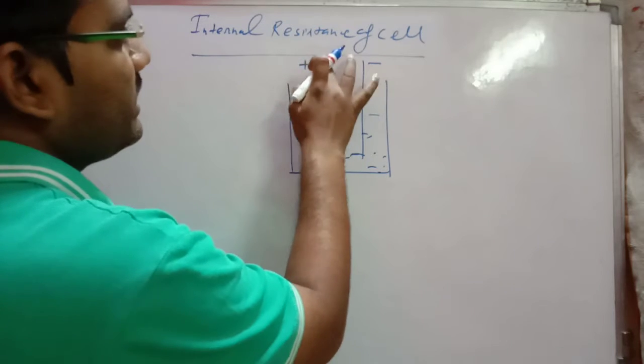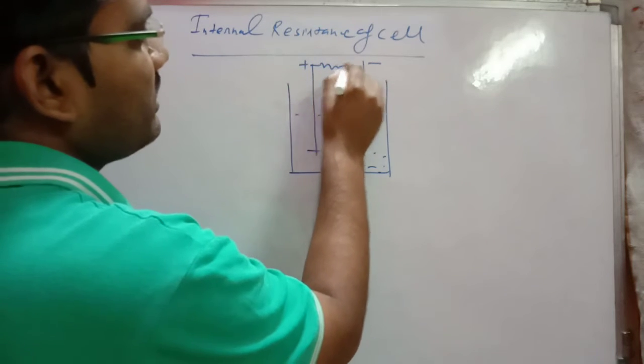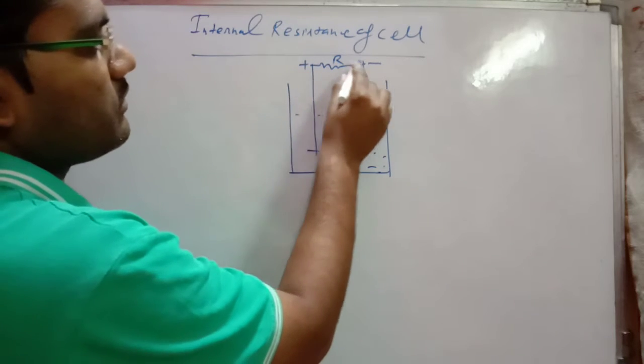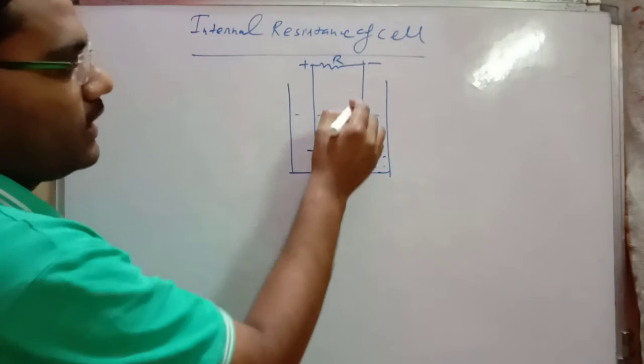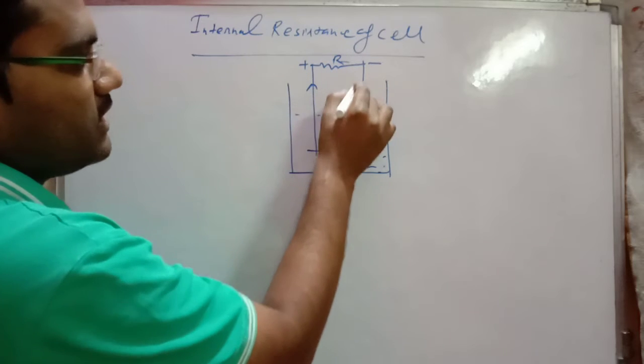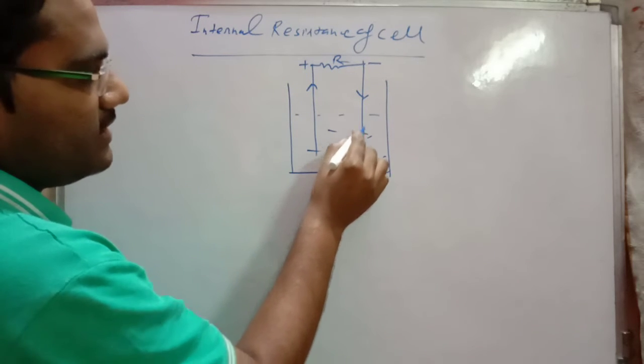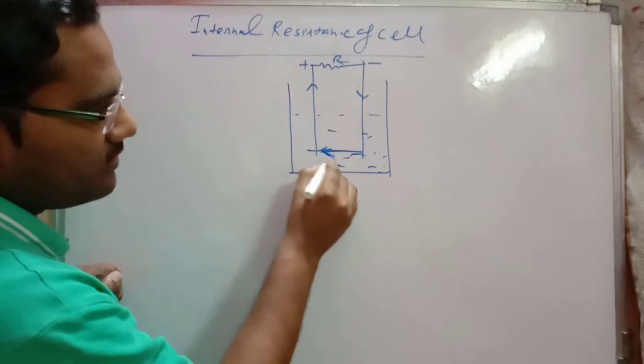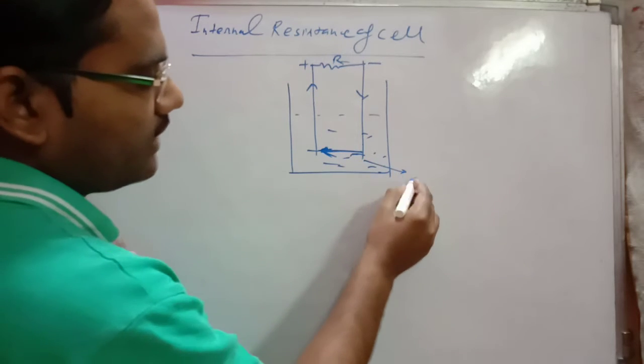This one is the positive, this one is the negative. If there is an external circuit here, that means external resistance, capital R, then current flows from positive to negative, and this current also moves across the electrodes and the electrolyte.